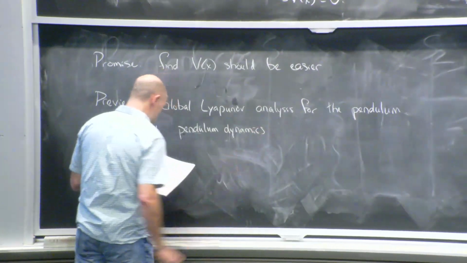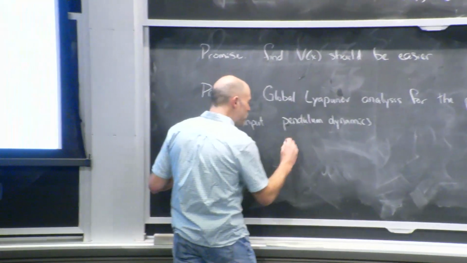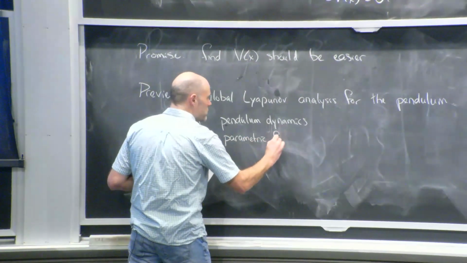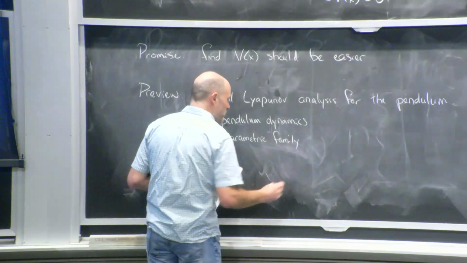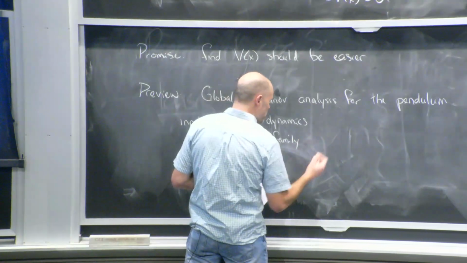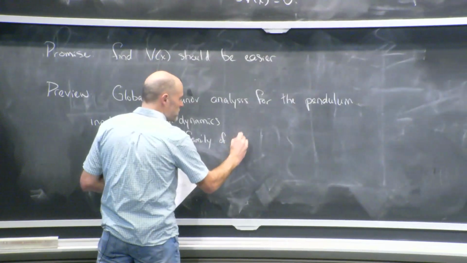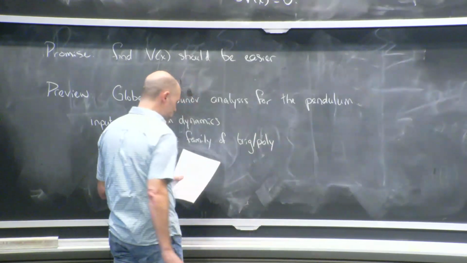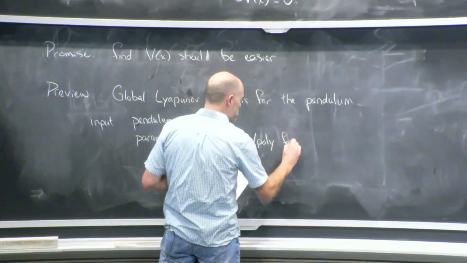And then a parametric family, a parameterized Lyapunov function. In this case, they're going to be trigonometric polynomial functions. I'll show you what I mean by that. For the Lyapunov.